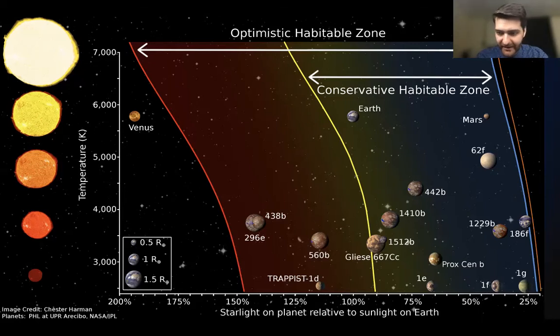Okay, so if you go to the right, you are looking at planets that receive less starlight and hence less heat from their host stars. If you're going from bottom up, you are looking at the planets that are orbiting hotter and hotter stars.